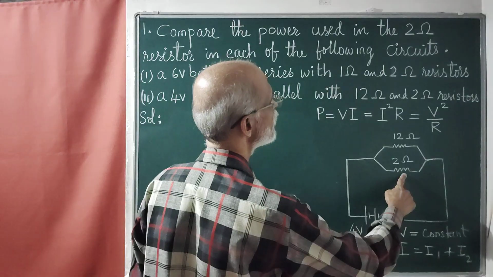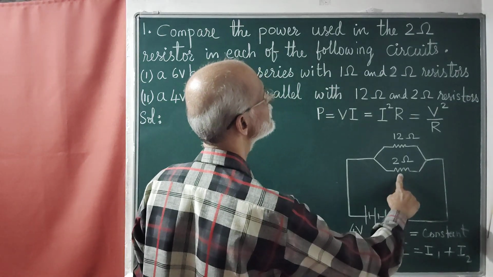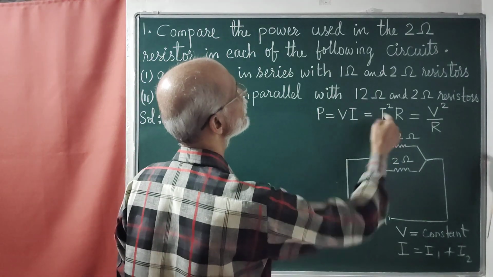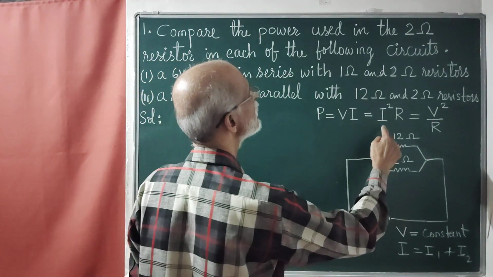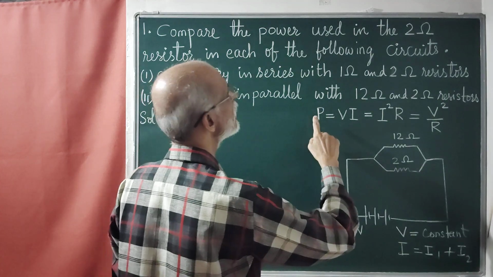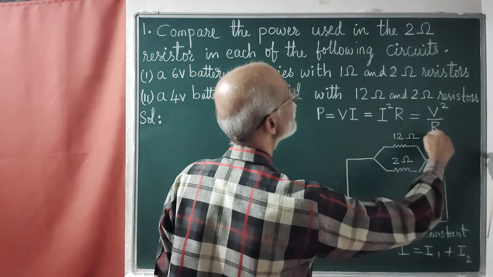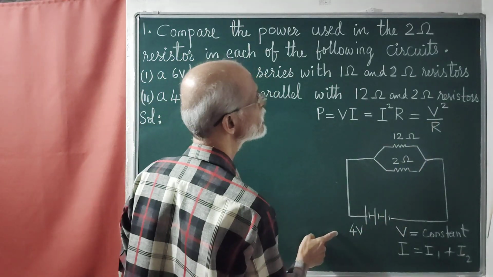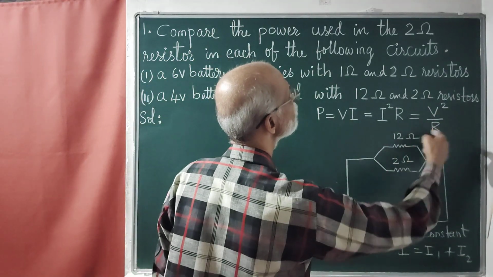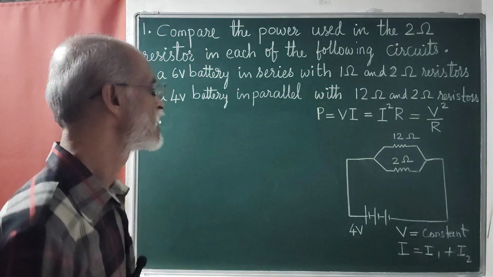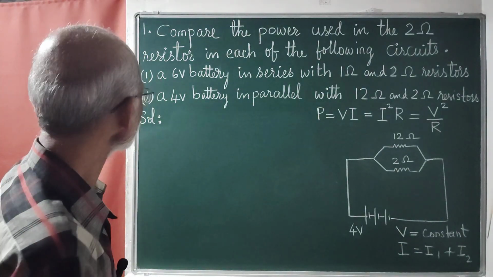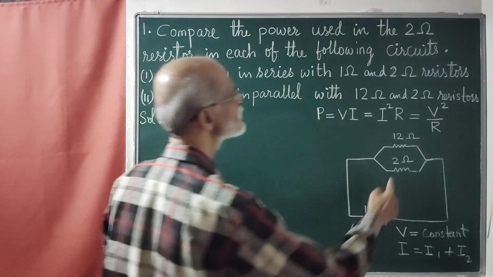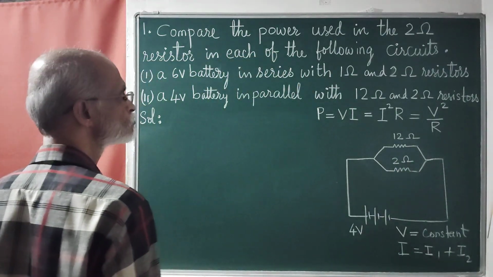Suppose I use this formula, here also I have to calculate the value of I. I will use this formula, this formula I can also use. In this formula, the value of V is with me, and R also, so directly I can use this formula to calculate the power of this resistance.